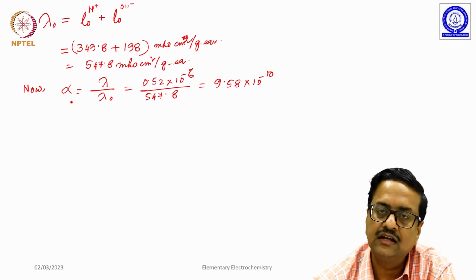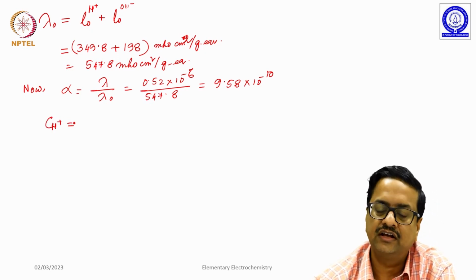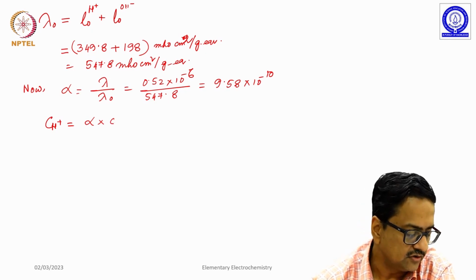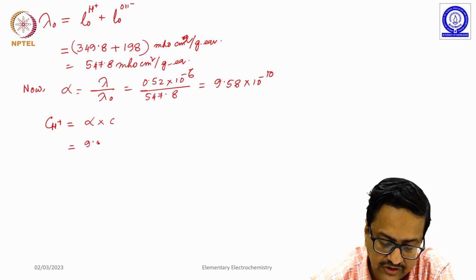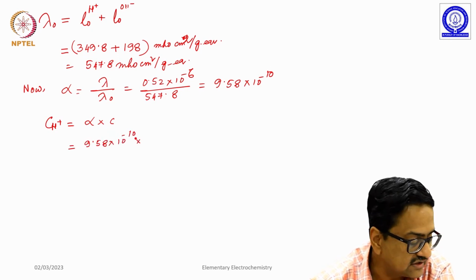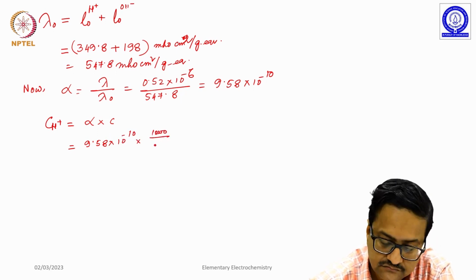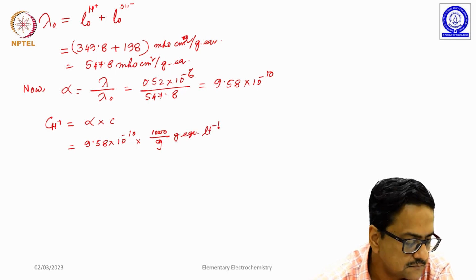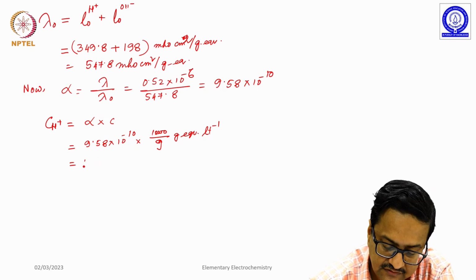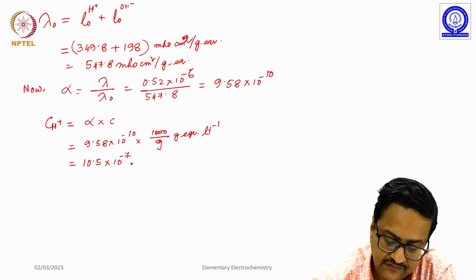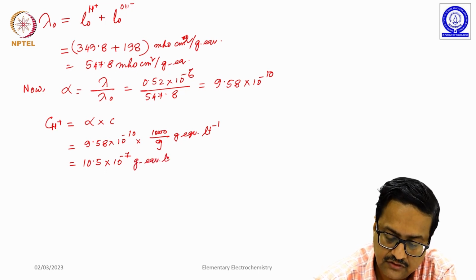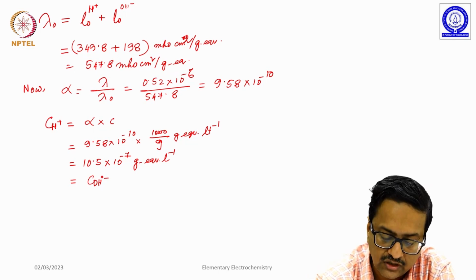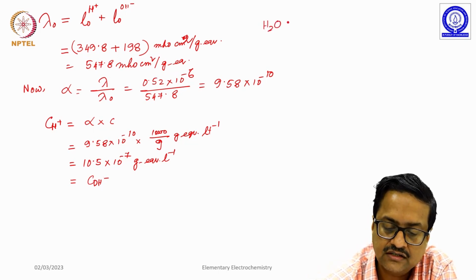So, now from this, if we want to calculate the concentration of H plus in this conductivity water, it is nothing but the degree of dissociation alpha into concentration of water, that is alpha is 9.58 into 10 to the power minus 10, and concentration of water is again 1000 by 18 gram equivalents per liter, or you can calculate it as 10.5 into 10 to the power minus 7 gram equivalent per liter, which is also the same as COH minus, because both H plus and OH minus are dissociated from water.